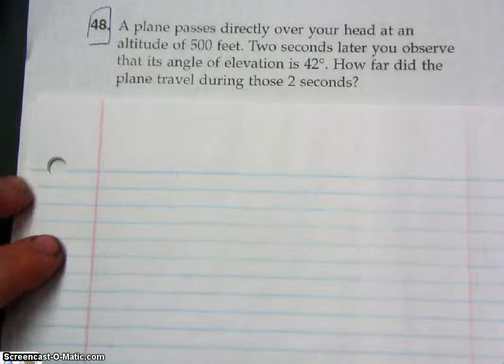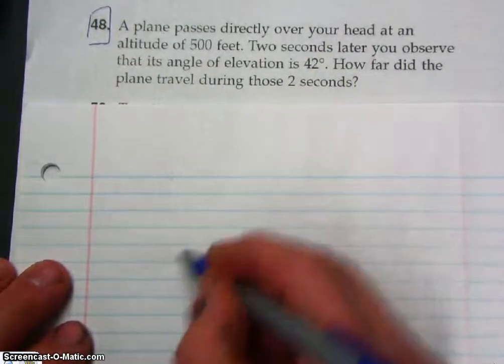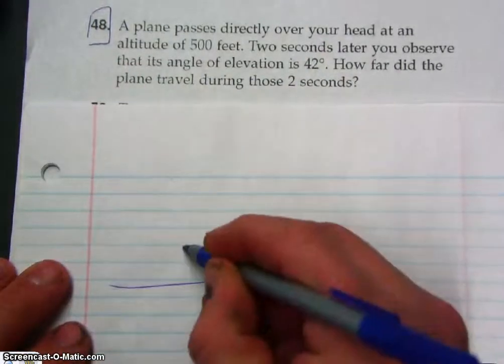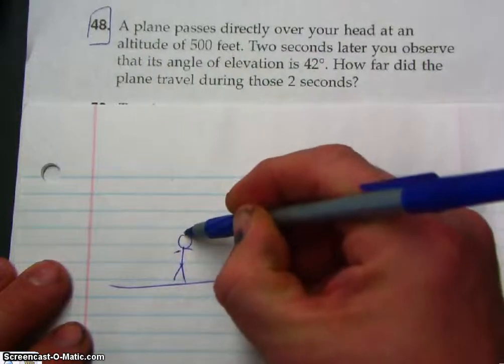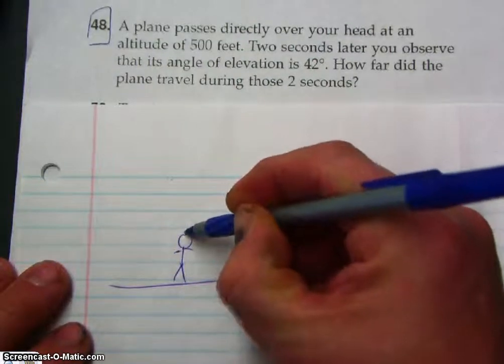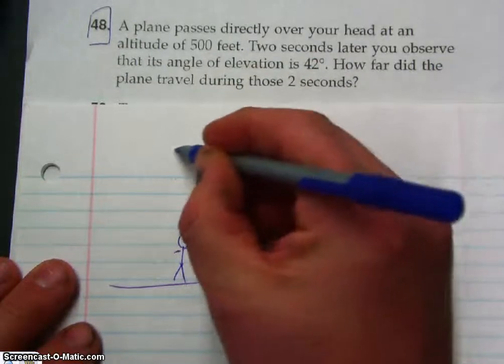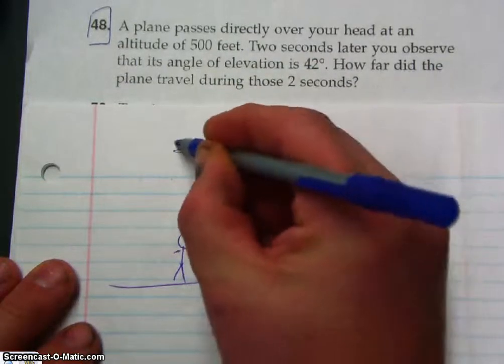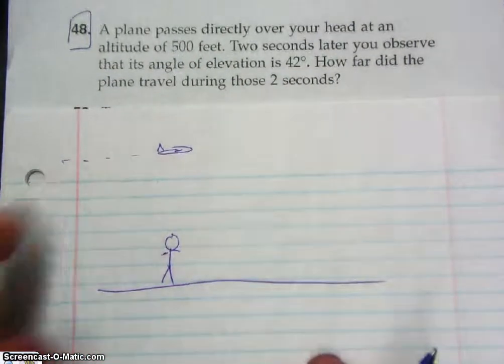A plane passes directly over your head at an altitude of 500 feet. So here's the ground, and I'm standing here. From right here, the plane is flying. That's the smoke coming out of the plane.